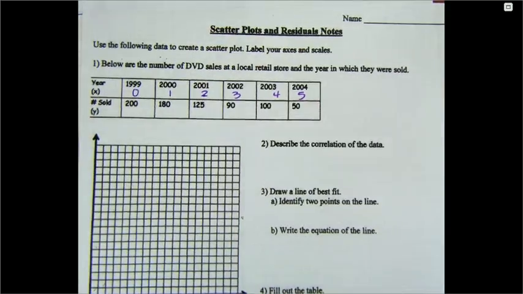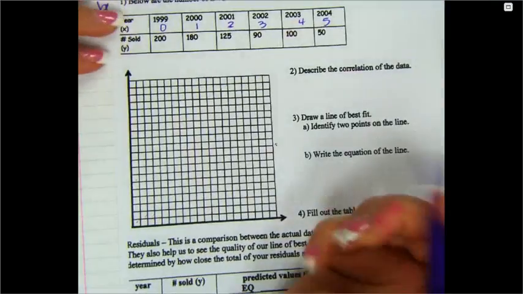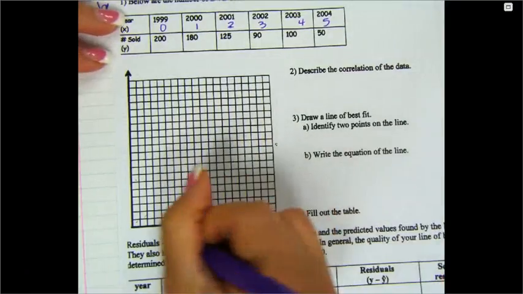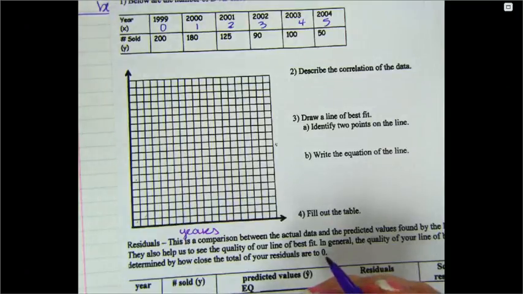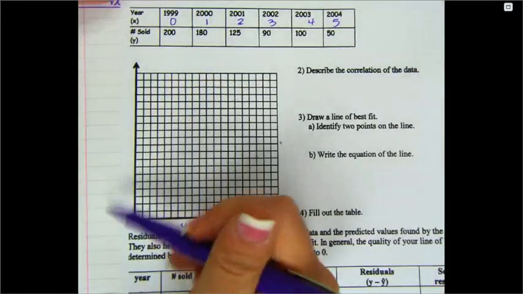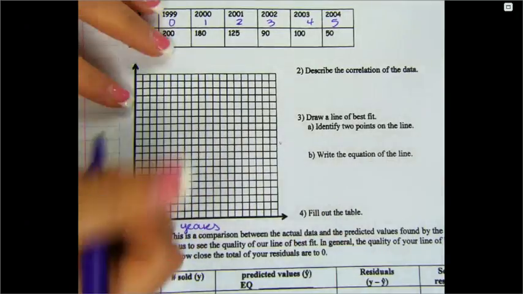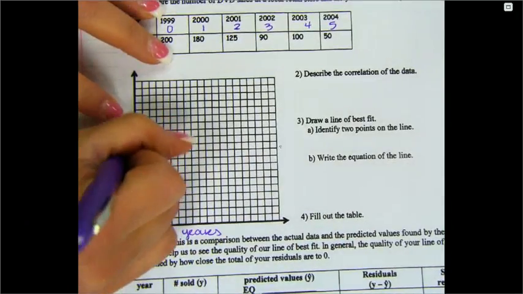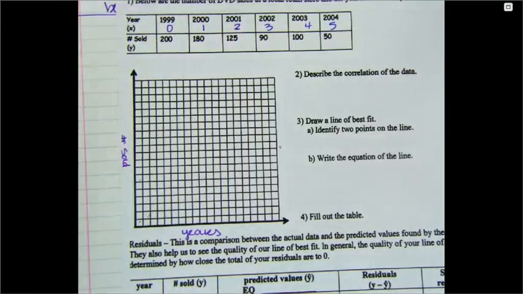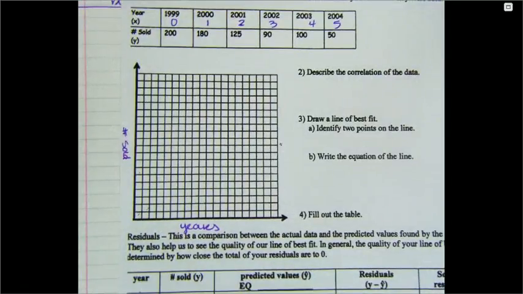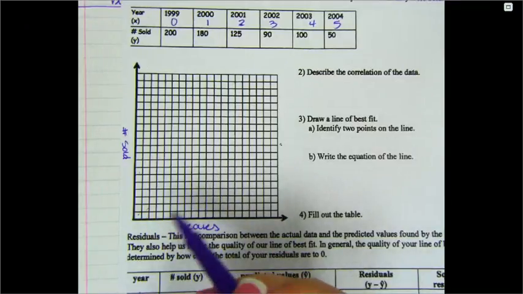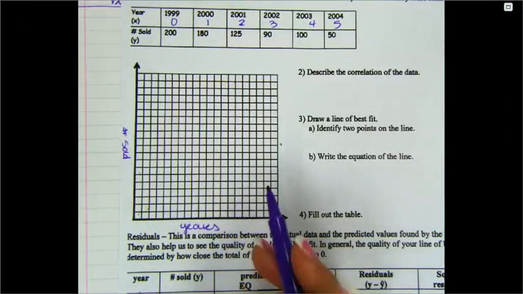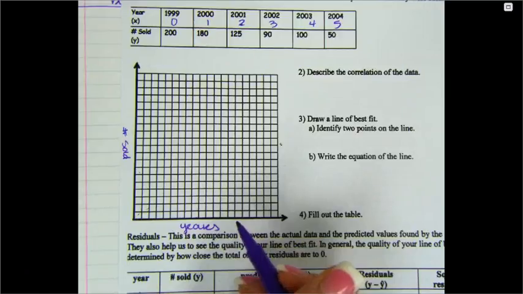So what you're going to do first is we need to label our axes. So the bottom is going to be called what? Years. And then the side is going to be called what? Number sold. Good? All right. This is a really big graph, so we need to figure out how we want to count on the bottom. You can count by ones, you can count by halves. What do you want to do? By ones?